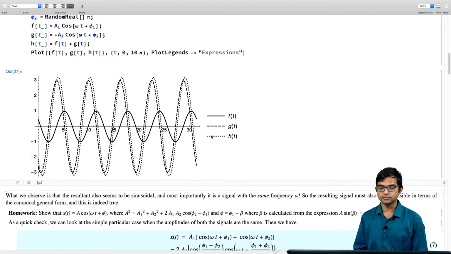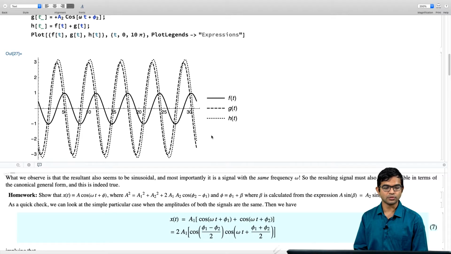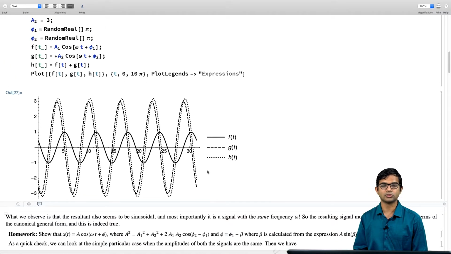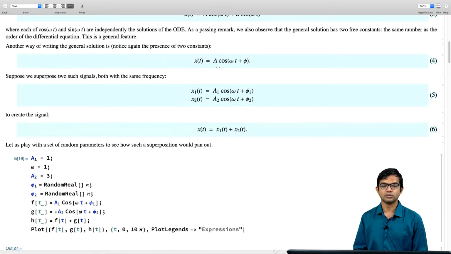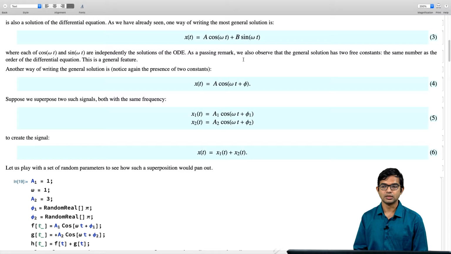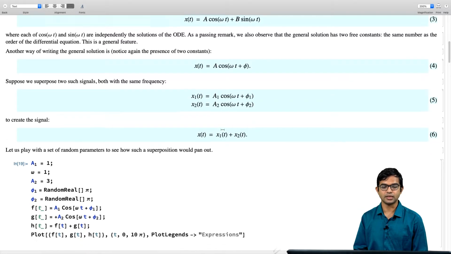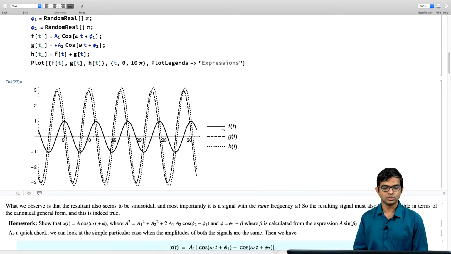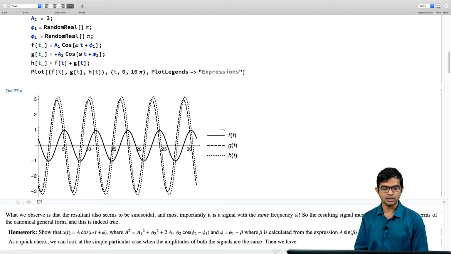This is homework for you, to work this out and show how to get this overall function in the canonical form. I said that a cosine omega t plus phi is one form for this function, but there are other forms. One of them is a cosine plus b sine, but let's say that you want to get to this expression a cosine omega t plus phi.